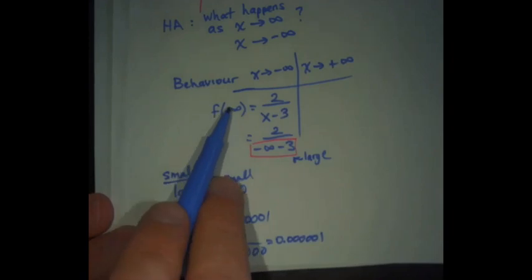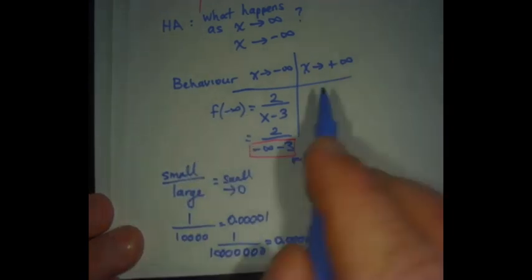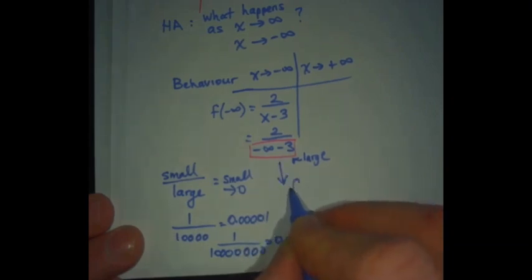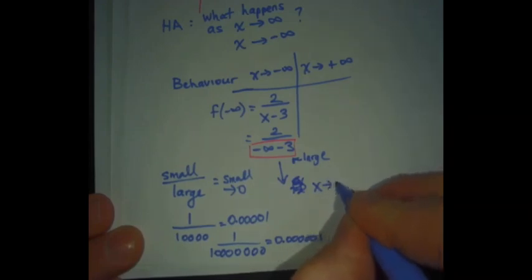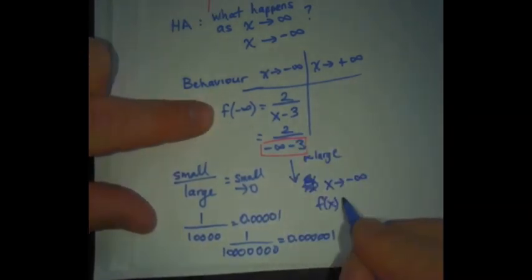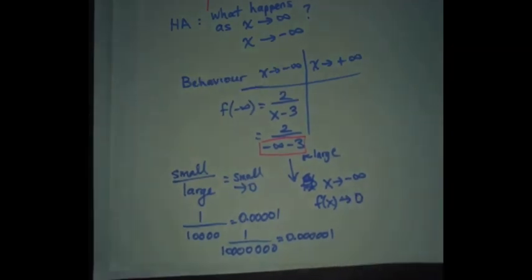So in this case, as x approaches negative infinity, f at x, the result of this, approaches 0.